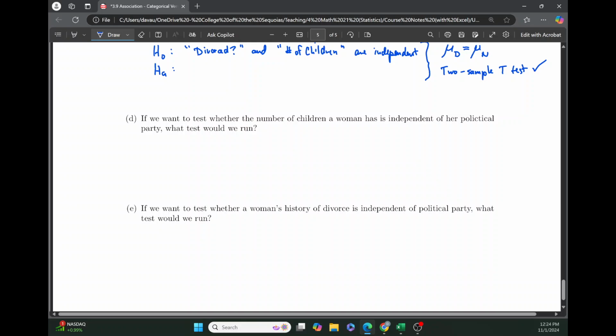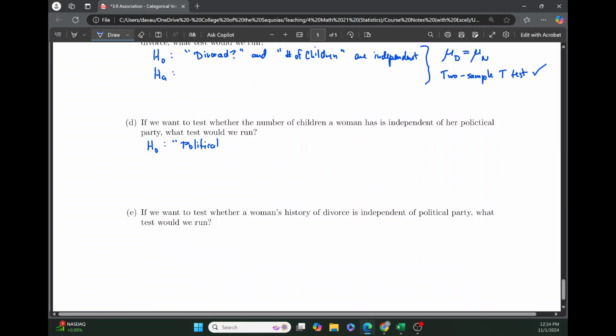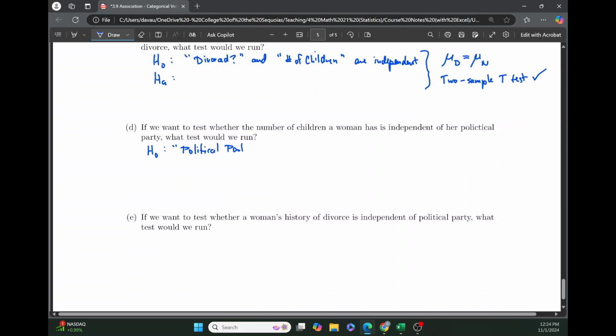So what test would we run? Well, we would state it as a test for independence. We would say political party and number of children are independent, and then the alternative would be that they're dependent.